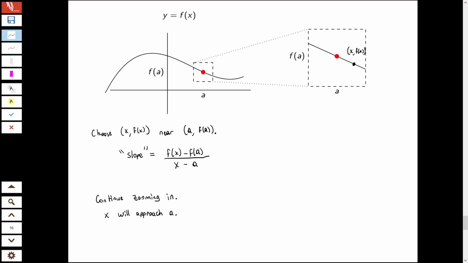Well, to get what lies at the end of an infinite process, that's where the notion of a limit comes into play, right? So this is what we discussed in the very, very first video of this entire workshop series. So the slope at the end would be the limit as x approaches a of this expression here.